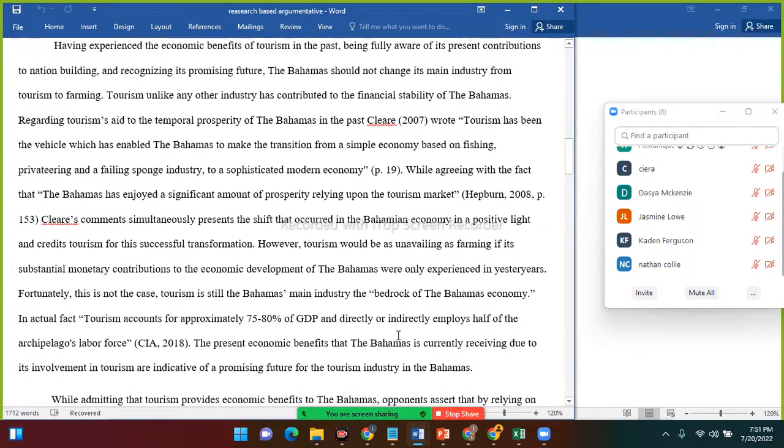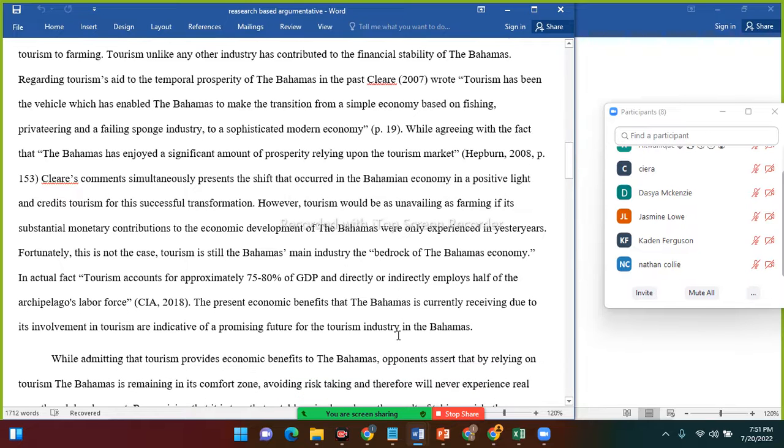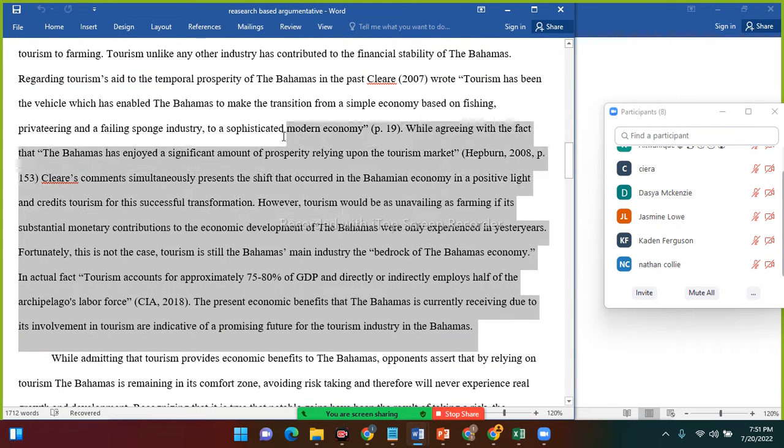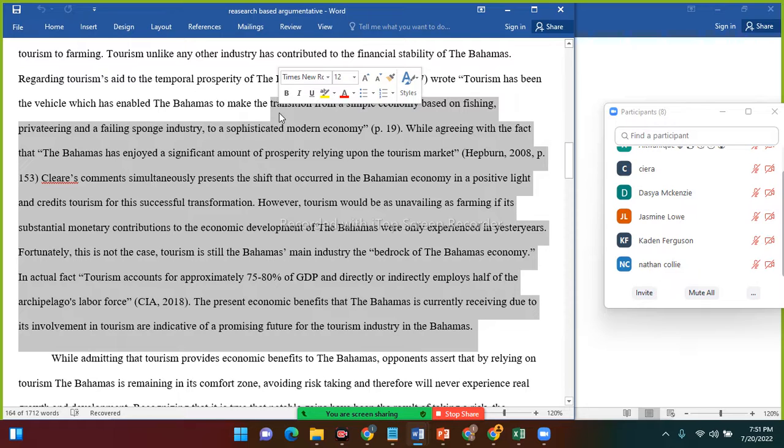So I said that tourism has helped us financially in the past, present, and it will help us in the future. And that was what my paragraph was about. And I provided reasons on why I believe that it helped us in the past, why it's helping us in the present, and why it can help us in the future. That was my argument.